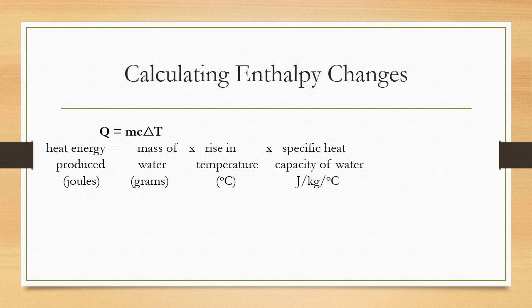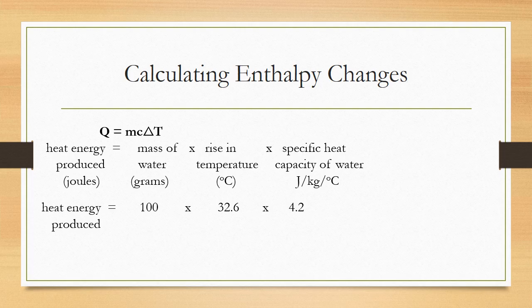So the heat energy produced in joules equals the mass of the water, which is given in the question, times the rise in temperature, given in the question, times the specific heat capacity of water, which you will be given in your exam question, and it'll also be in your data book. So it's going to be 100, the mass of the water, times the temperature rise, 32.6, times 4.2, the specific heat capacity of water.